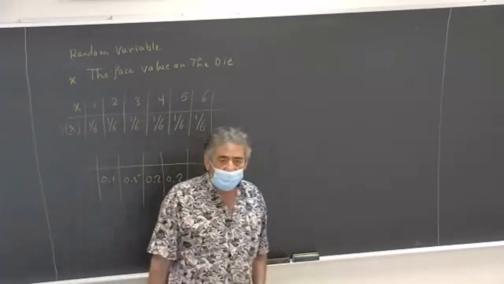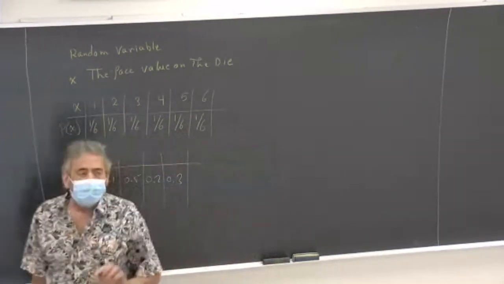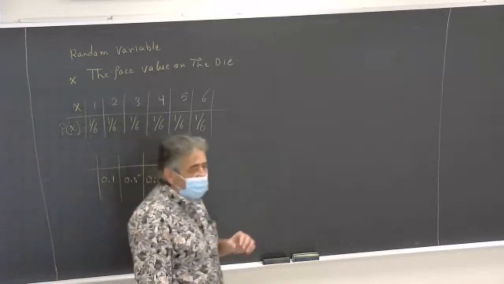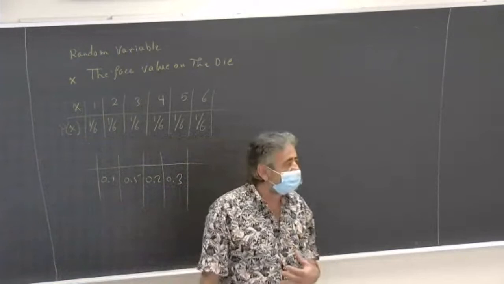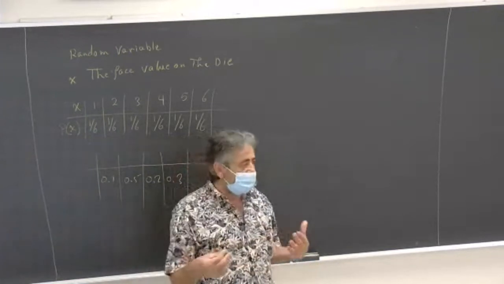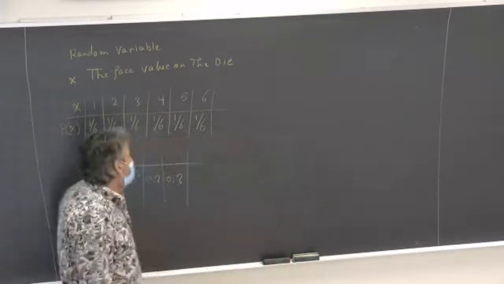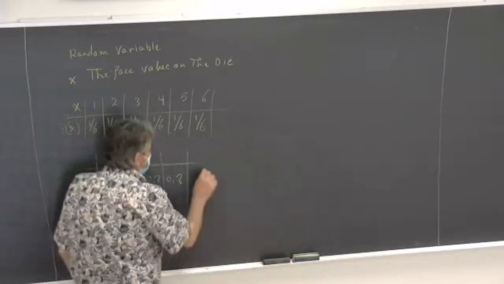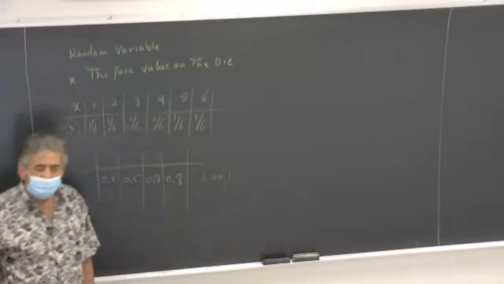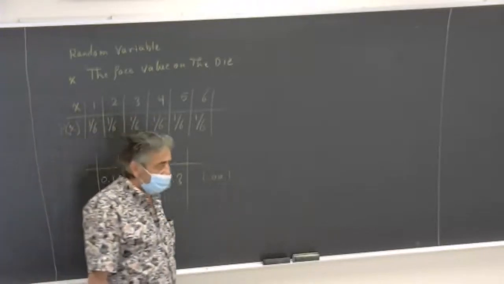Yes? We could, however, be a little bit off. When I say a little bit off, not due to the probability distribution, but due to the rounding. Sometimes when we round a number, we may end up with, let's say, a total of 1.001. That is maybe acceptable, depending on how you round it. Yes?